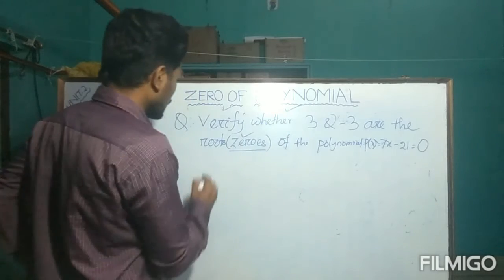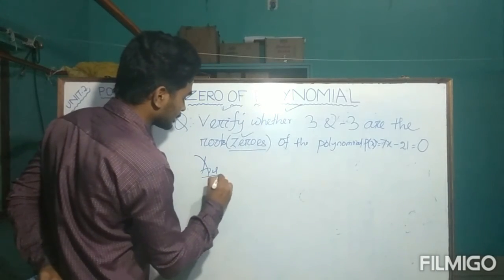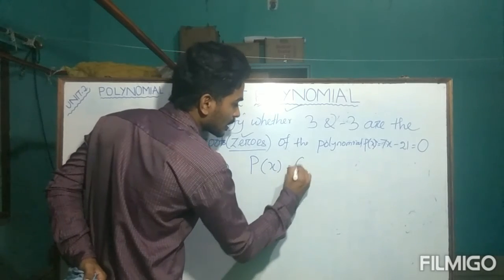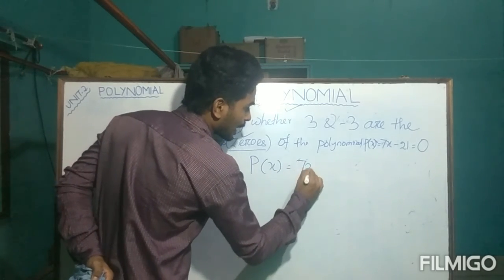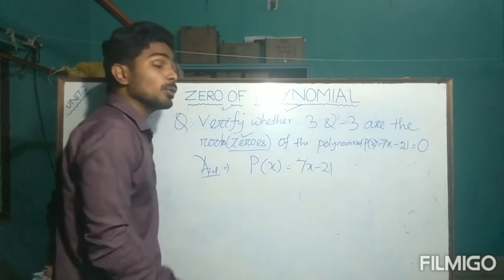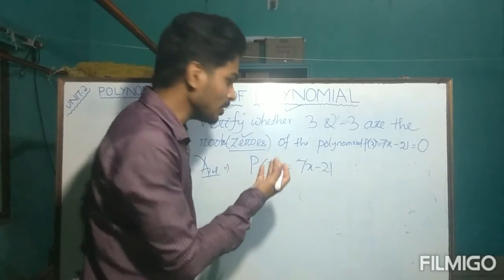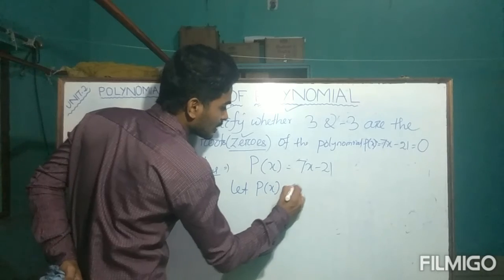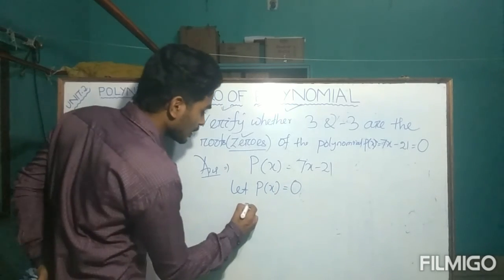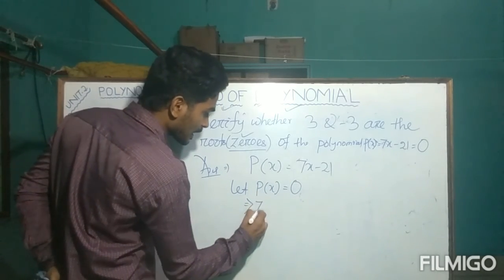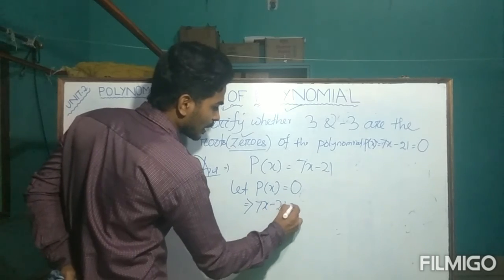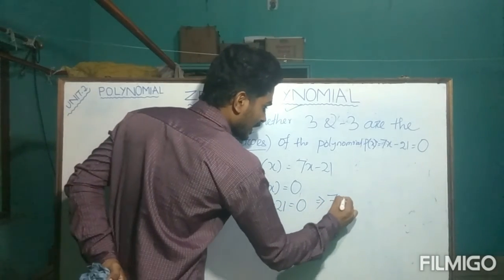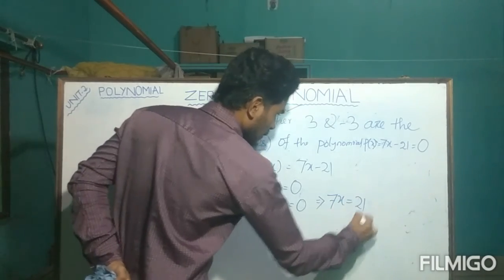Okay, so answer: as we have p of x is how much? 7x minus 21. How are we going to find the value of 0? By simply putting p of x is equal to 0, normal. Then p of x, 7x minus 21, is equal to 0. So here 7x is equal to how much? 21.